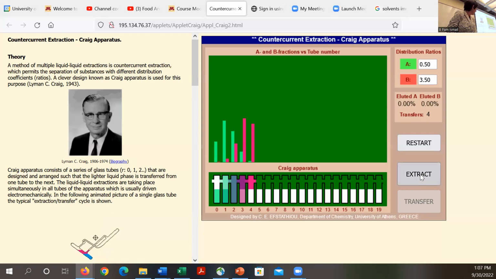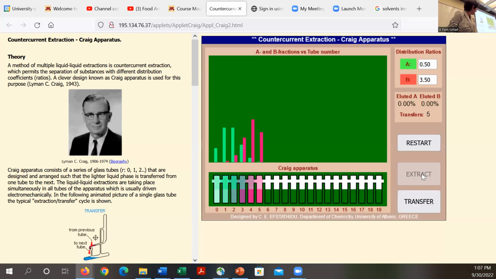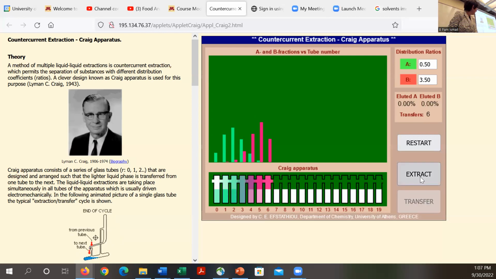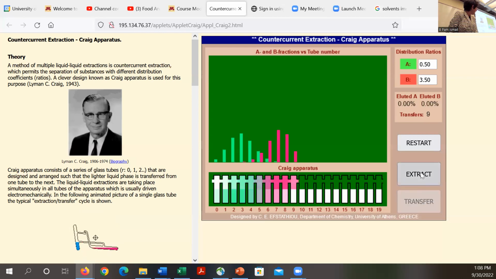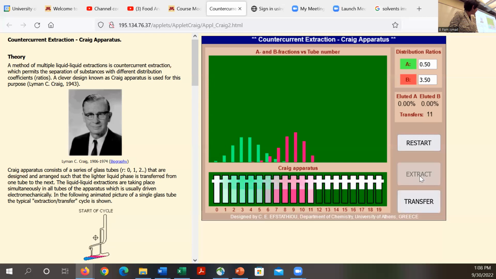Okay, so extract, transfer. I keep doing that multiple times, and I see almost two separate peaks. In chromatography, you would see peaks. And the more you do extraction, the more you see separation.